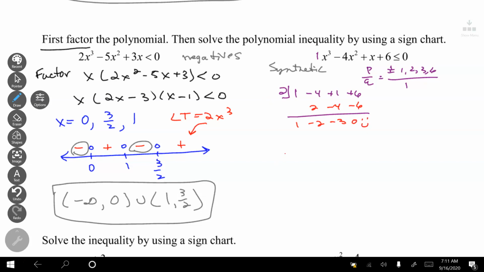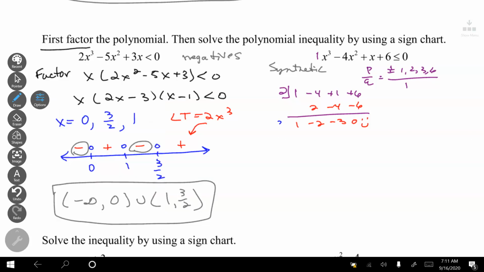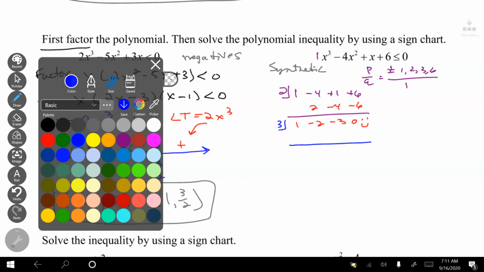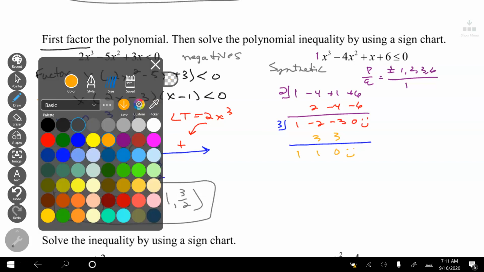So after that, I have to decide what I want to use, and I'm going to guess 3. Kind of because I know what I'm doing. Bring down the 1. I get 3. I get 1. I get 3. I get 0.